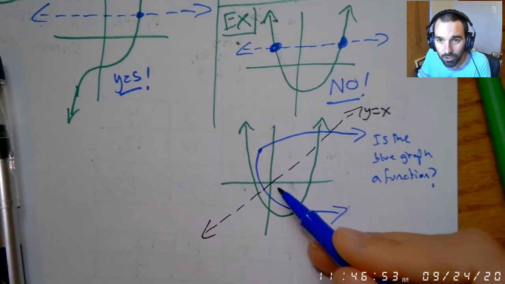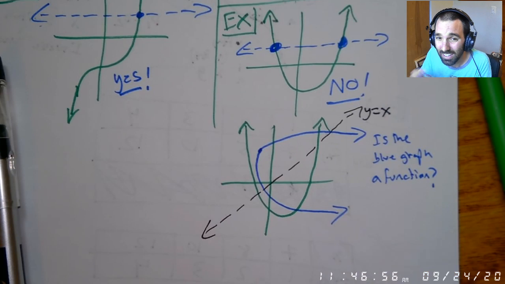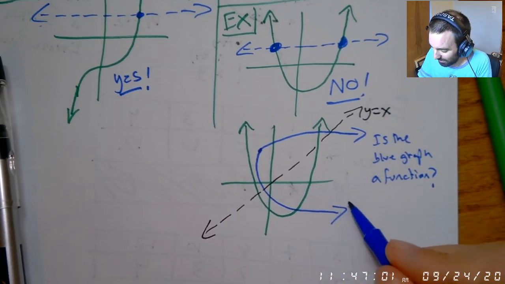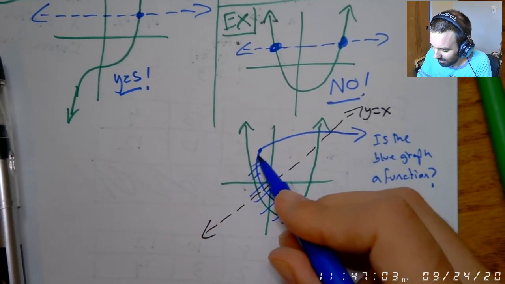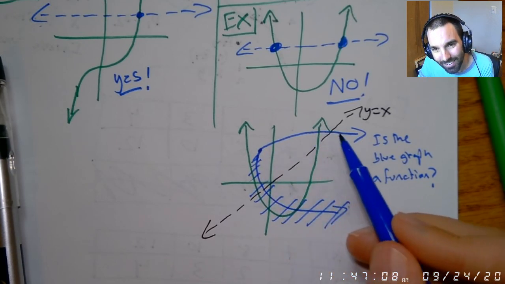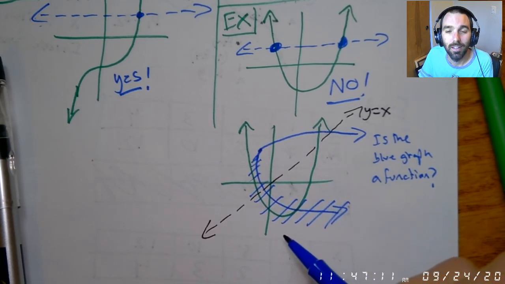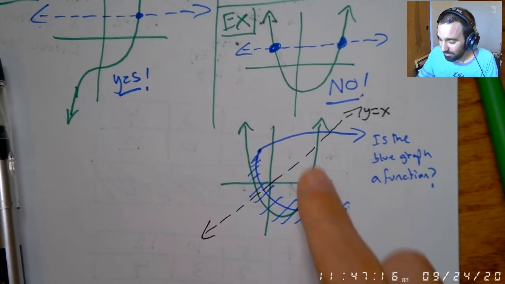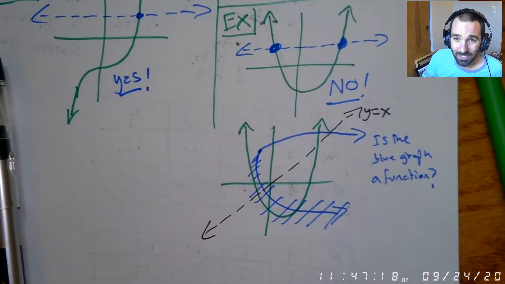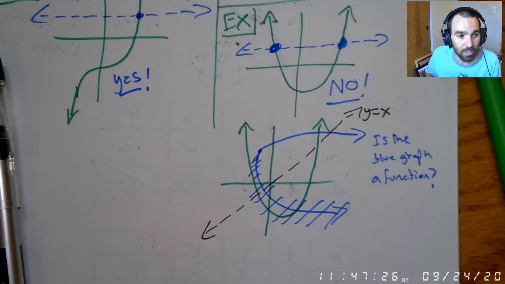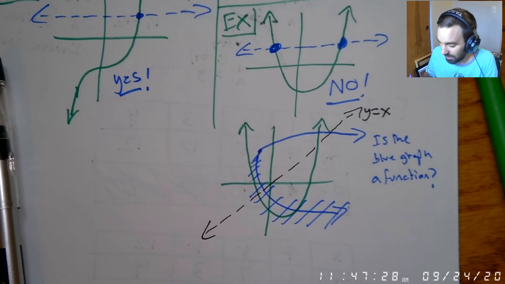So is this graph a function? And no, it's not. In fact, what we do is we go like this, right? We only take the positive, because if we take the positive, is that a function? Yes. Oh, so it turns out that a quadratic like this actually can't have an inverse function. It can have an inverse, but to make it a function, we have to put a domain restriction on it. Okay.